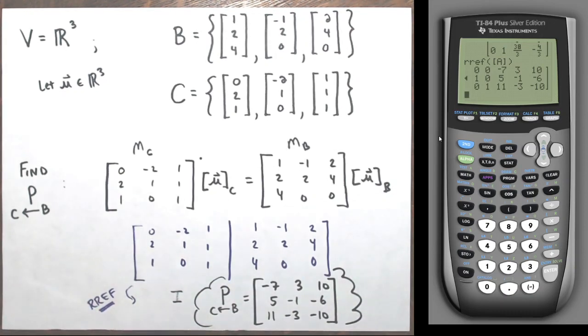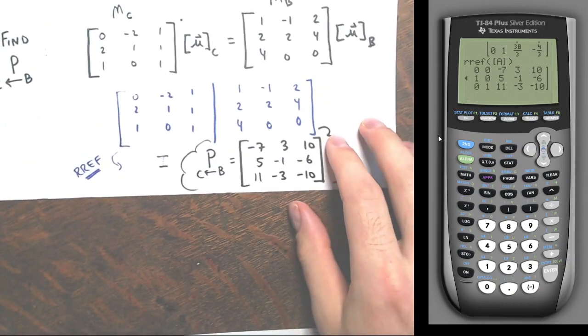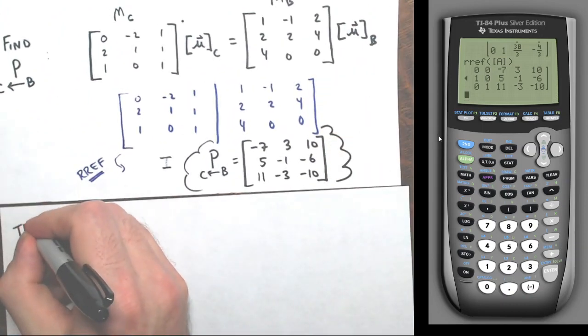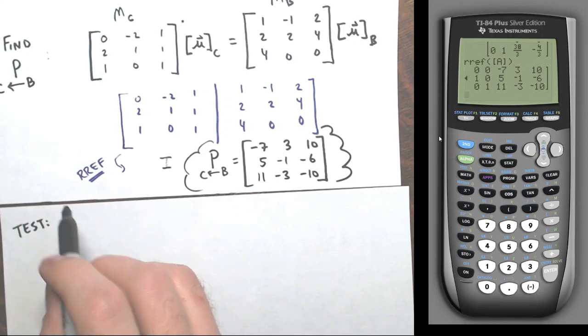And again, we can test this out real quick. I'm going to pick a very simple coordinate, just to see how it works. Now this is from B to C, right?